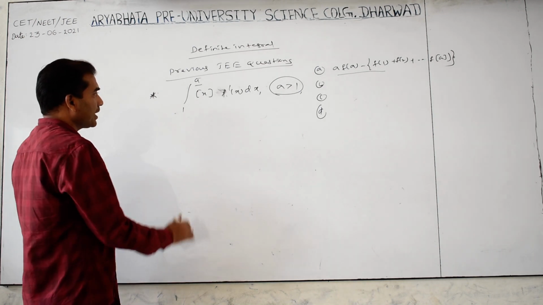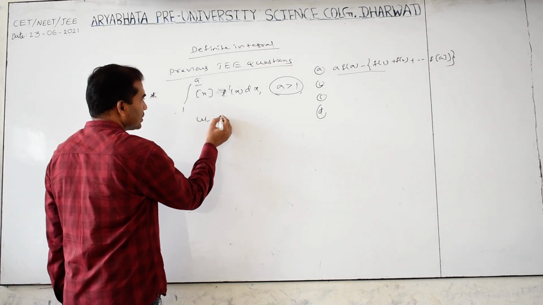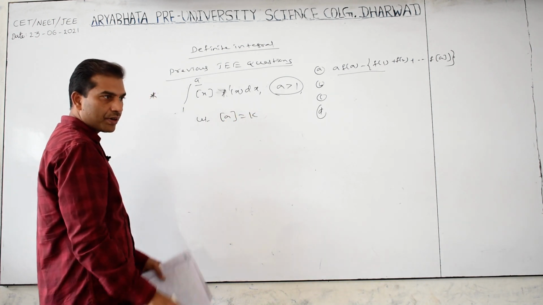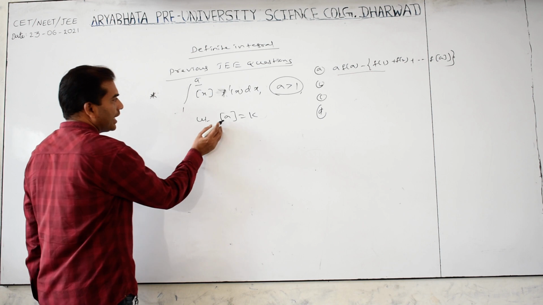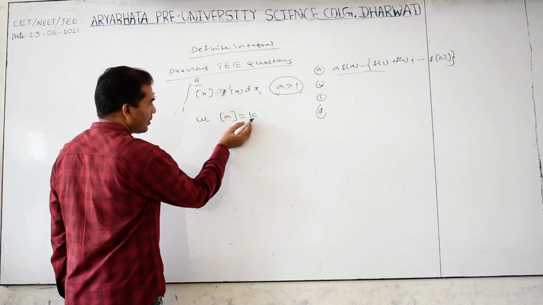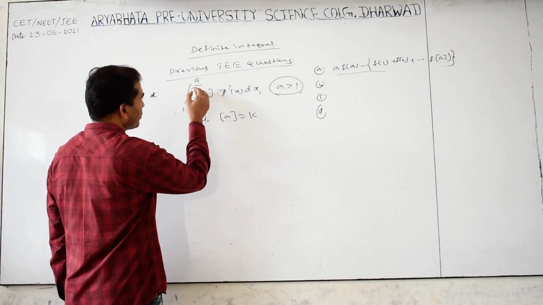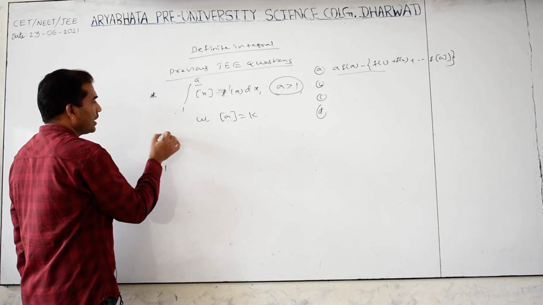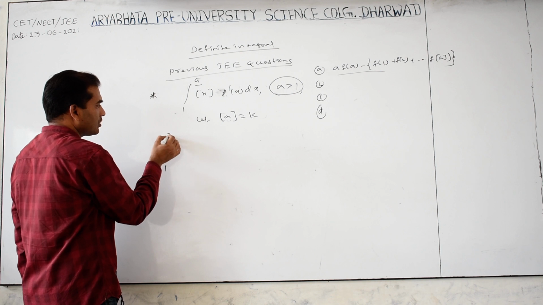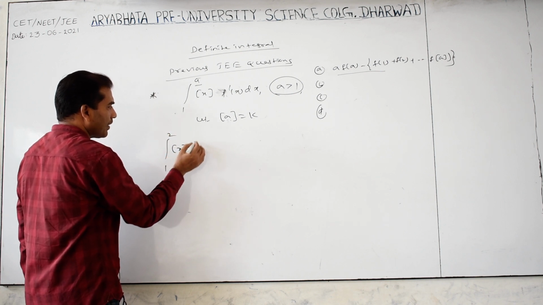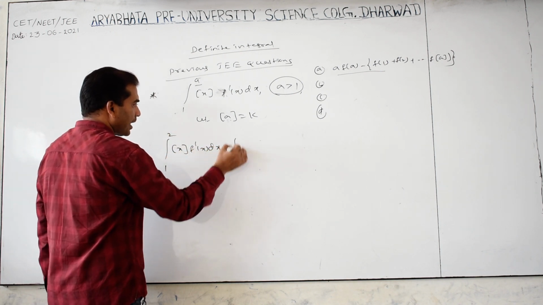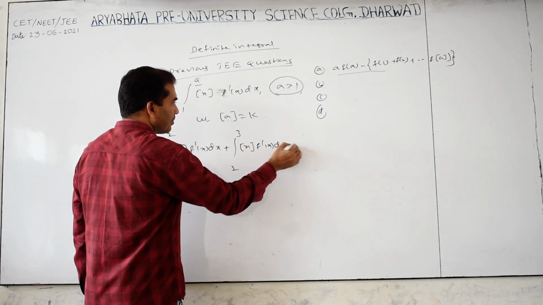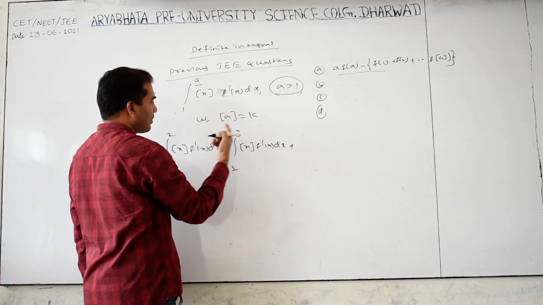Now let [a] equal to k. This means a lies between k and k plus 1, and k and a both must be greater than 1. I split the integral from 1 to 2 of [x] f dash x dx, plus 2 to 3 of [x] f dash x dx, because k is unknown, it may be 2, 3, 4.